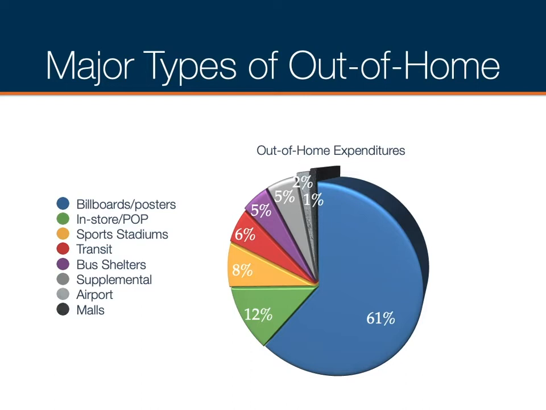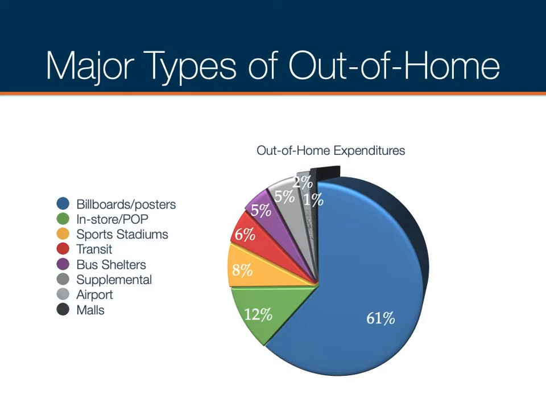There's much less desire for advertisers to be placing those kinds of messages out there, and the rates for those need to be tied to traffic counts, in terms of how many people are going to be seeing the ads. And obviously that's going to be a lot less when most people are staying at home. But in-store point of purchase, that's also down. Sports stadium advertising has probably dried up for the year.